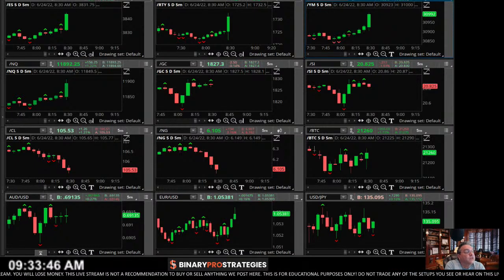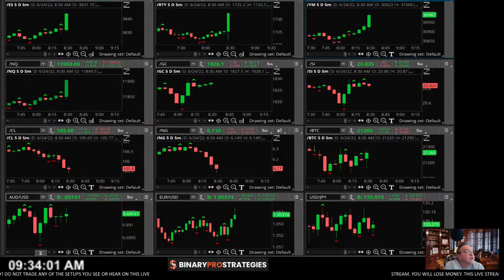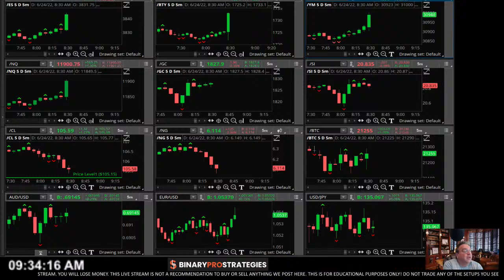Well, where'd my alerts go? I don't know what it is about crude, but for some reason, Thinkorswim doesn't like alerts being set on crude. They're there, you just can't see them. So let's see what's going on here. I'm still looking to hit that 105.15. Put a green line in there so we can see where that alert is.